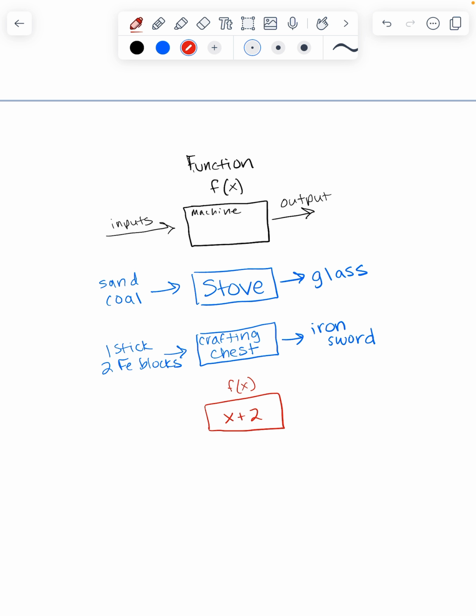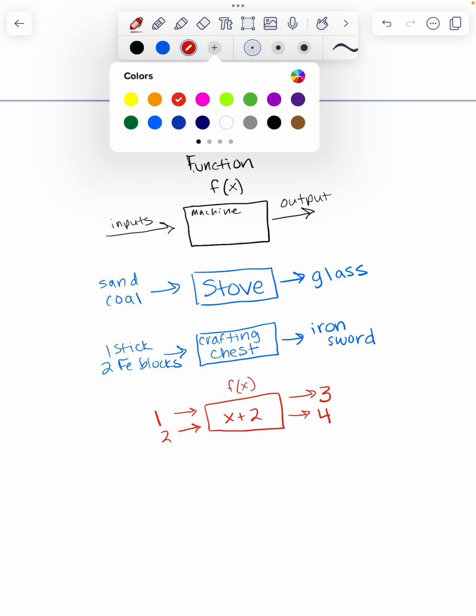So in my example, if I have the number 1 and I put it into my box, that's like saying 1 plus 2 and I'll get 3. Or if I have the number 2 and I put it into my function, I'm going to get 2 plus 2, which is 4. Okay, so that's an example of how function works.